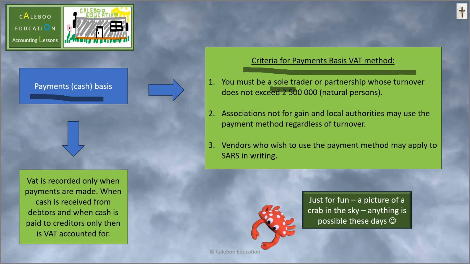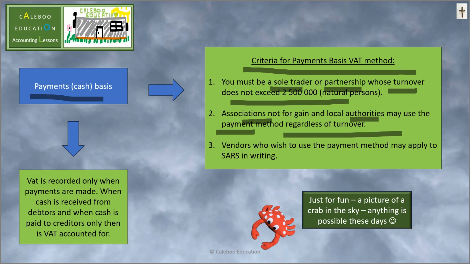You are a sole trader or a partnership whose turnover does not exceed, that says 2.5 million. Associations not for gain and local authorities may use the payment method regardless of turnover. So associations not for gain and local authorities can use the payments method. Then this is most probably more applicable to us.